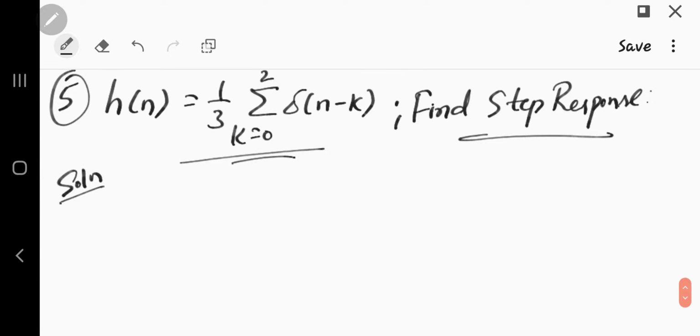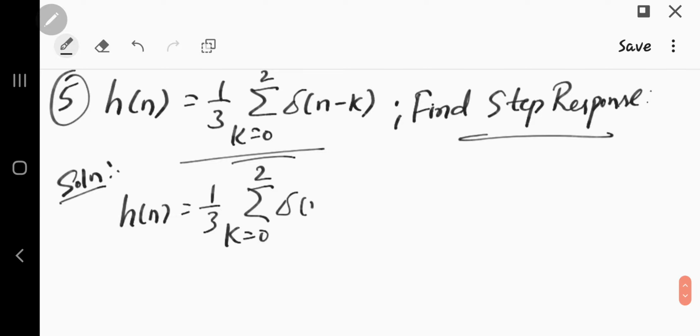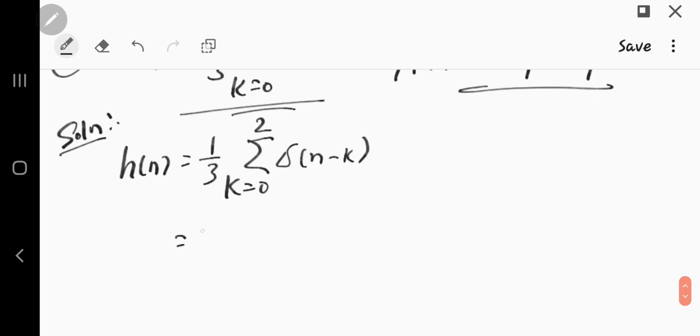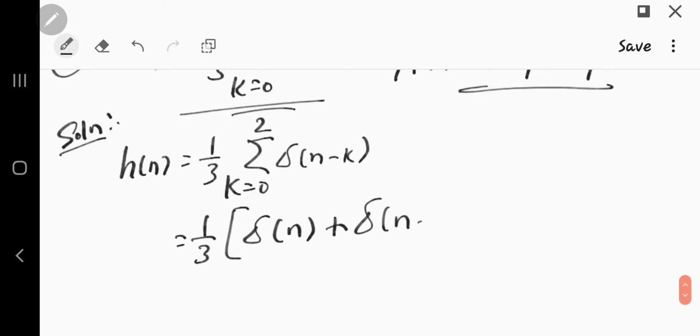Now coming to this, we have h of n is equal to 1 by 3, summation k is equal to 0 to 2, delta n minus k. So this is given. Now apply the values for k. For k is equal to 0, you will get delta n, plus k is equal to 1, delta n minus 1, plus k is equal to 2, delta n minus 2. Okay.